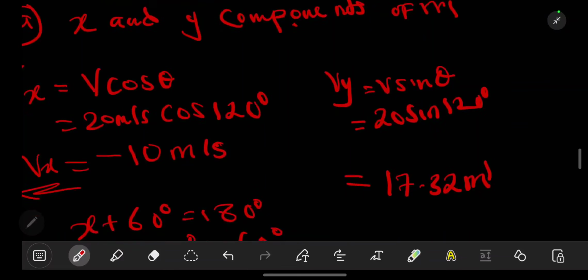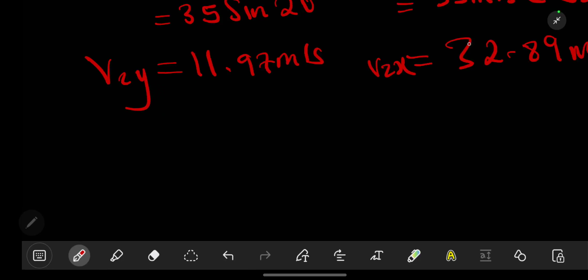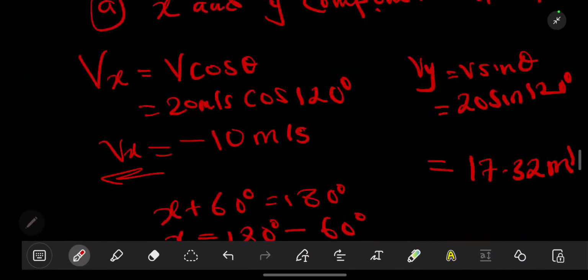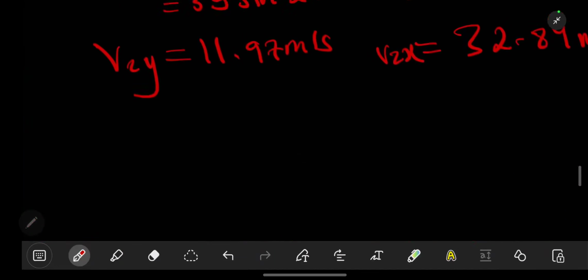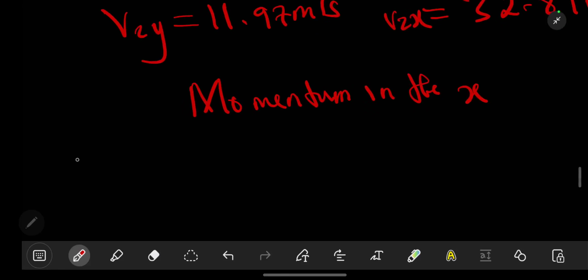Then after that, we are going to isolate the momentum and find the momentum in the x and the momentum in the y. So remember, it's moving both in the x and the y, so we have to isolate the momentum. So we are going to say momentum in the x. So remember, we are going to say M1 V1 plus M2 V2.